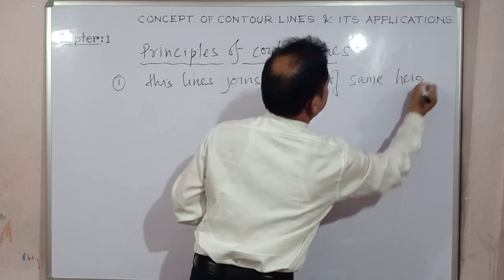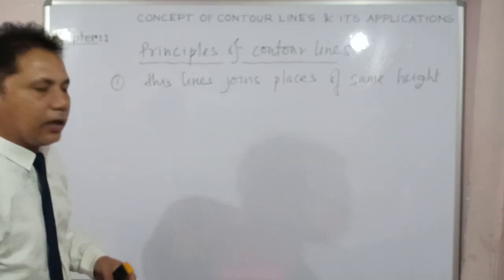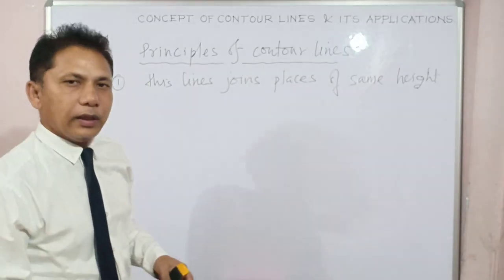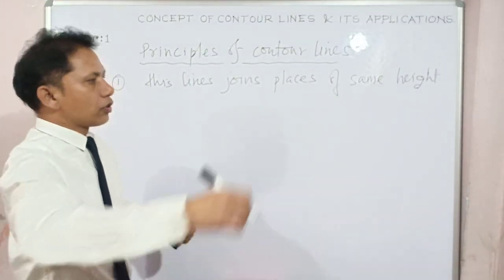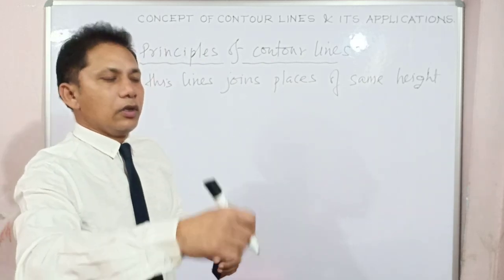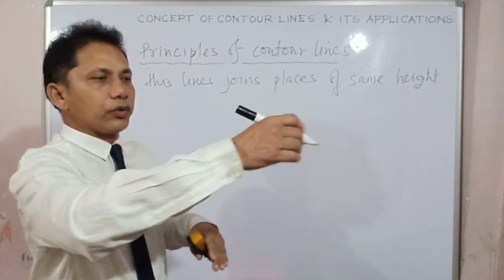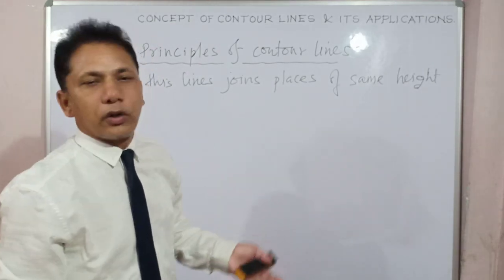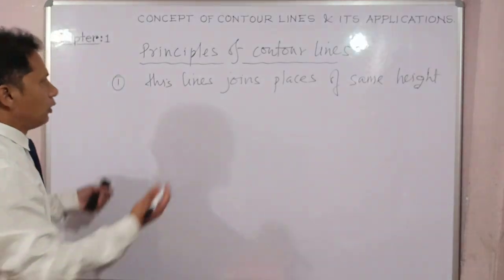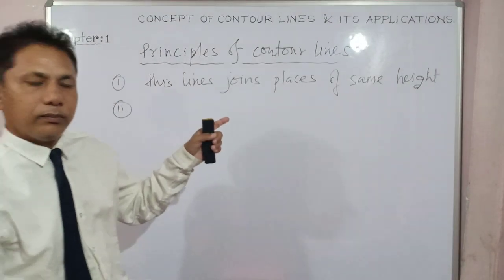So this is maybe one of the basic principles: same height. Clear? And height is measured from the sea level. So many dots are the spot heights of the same elevation, and if you join them, it will be a contour, right? So this is one principle, at least number one, right?